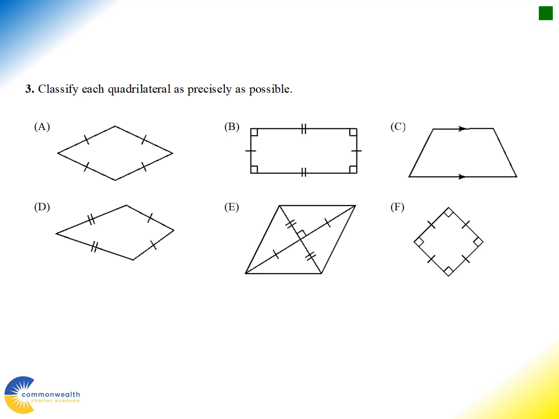So if you're going to state that a figure is any one of these things, whether it's a parallelogram, a rhombus, a square, even trapezoids, kites, whatever it may be, you need to establish characteristics of that particular figure somehow.